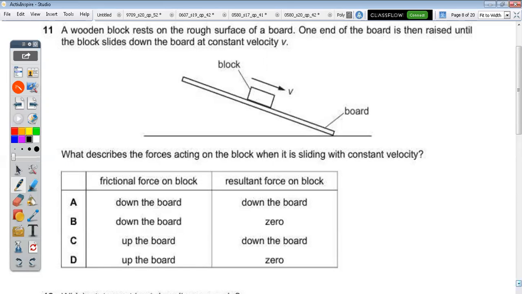I think it's D. Frictional force is always against the weight component, which is up the board. Yes, D.